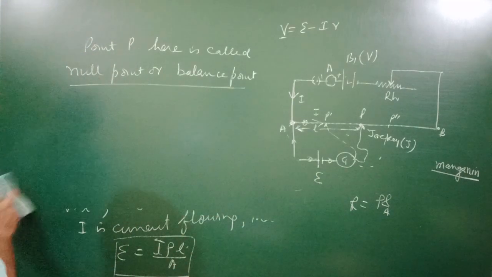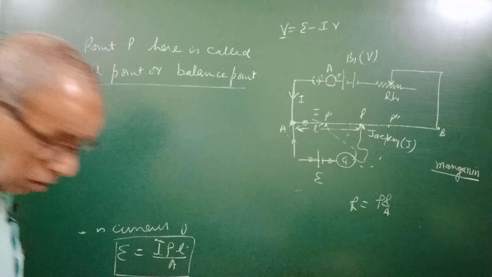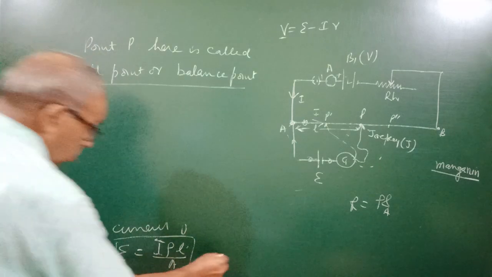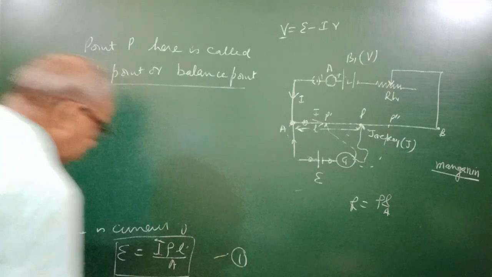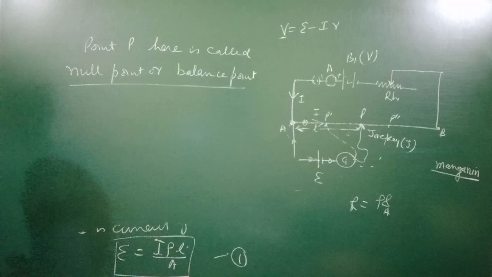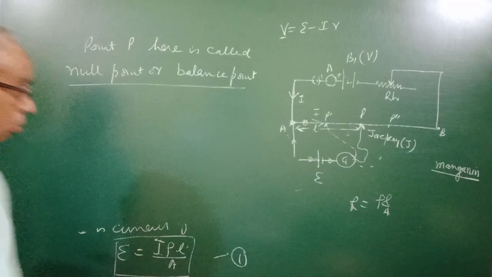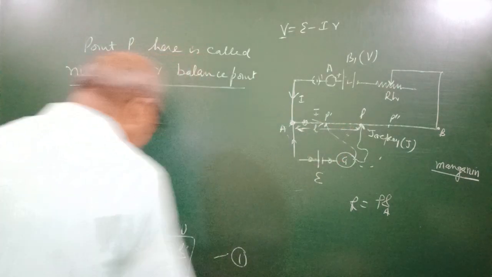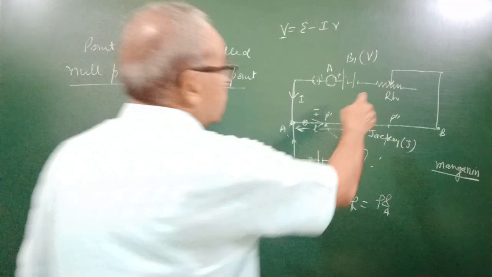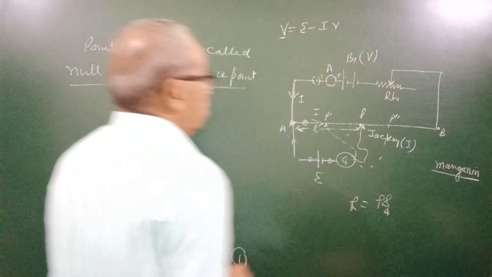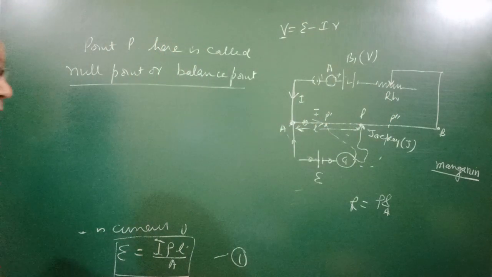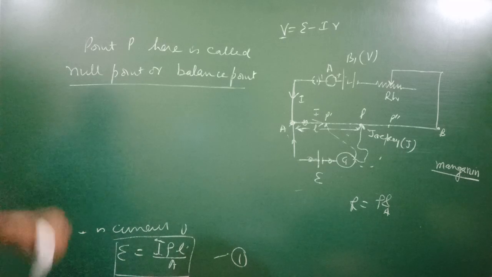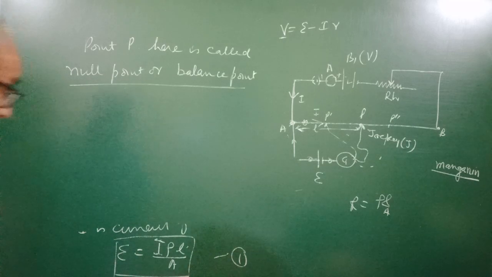Now here, in equation 1, E depends on current I and length L. The rheostat can increase or decrease the current.